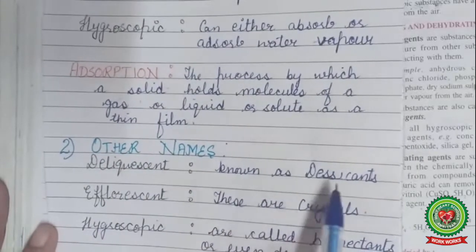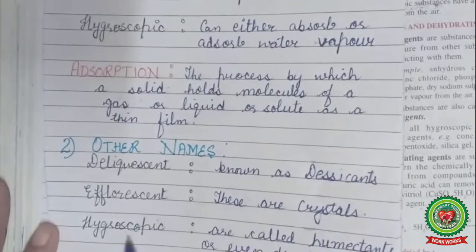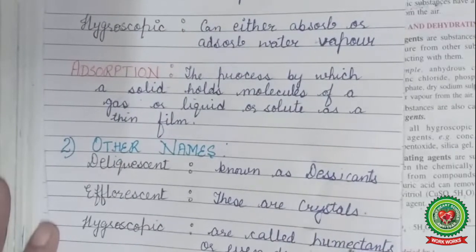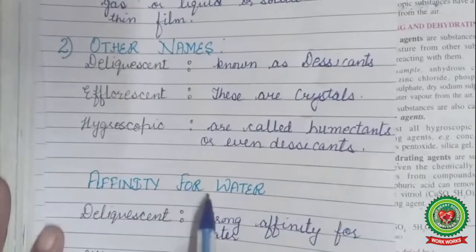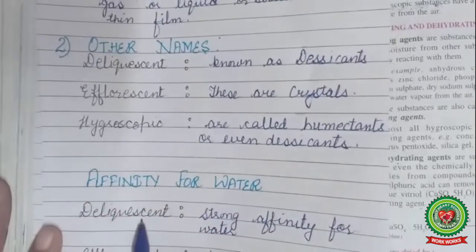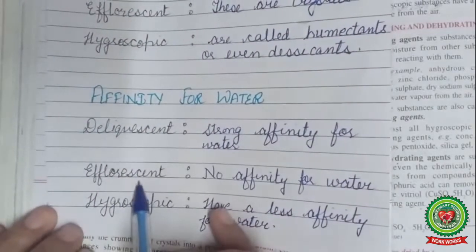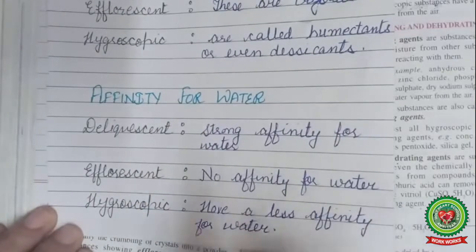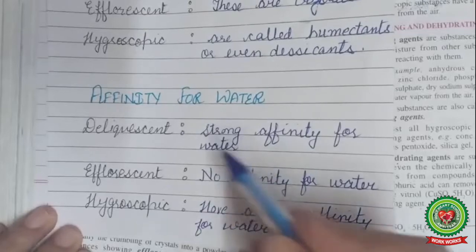Deliquescent substances are known as desiccants, efflorescent as crystals, and hygroscopic substances are called humectants or even desiccants in some cases. The third one is affinity for water. Deliquescent substances have strong affinity for water. Efflorescent, no affinity for water, and hygroscopic, less affinity for water as compared to deliquescent substances.